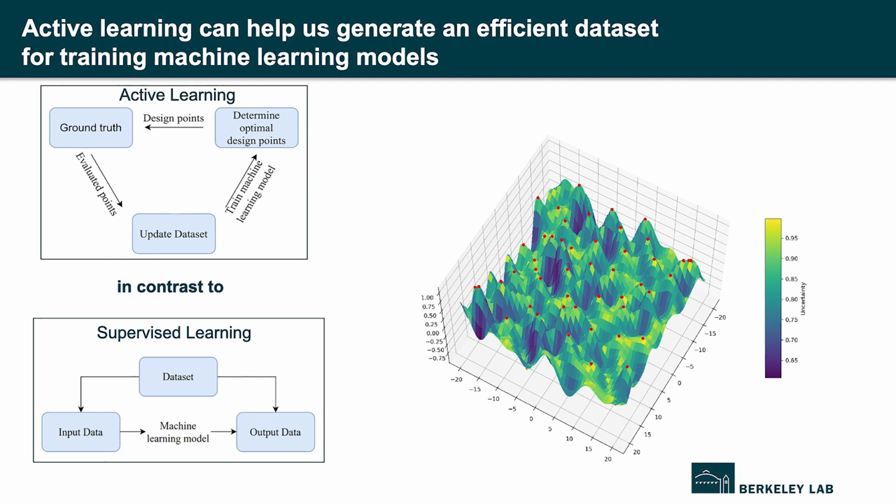But with active learning, things work slightly differently. We have a loop where we're creating this data set iteratively. We're simultaneously training our machine learning models and generating our data that yields the maximum accuracy of the models we're training. So instead of randomly sampling our experiment or our simulation, we determine the points for which our model is most uncertain about its predictions.